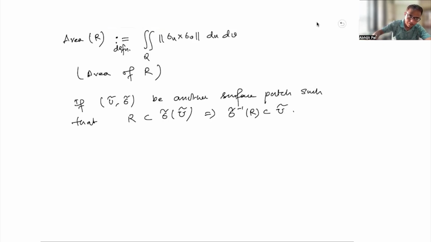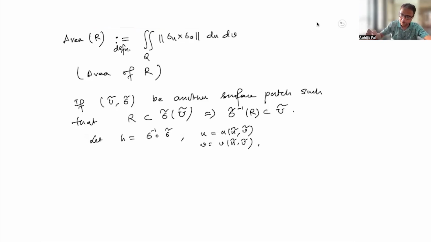So again let us take this map. Let H equal sigma inverse composed with sigma tilde. Again, as before, u will be a function of u tilde, v tilde, and v will also be a function of u tilde, v tilde.